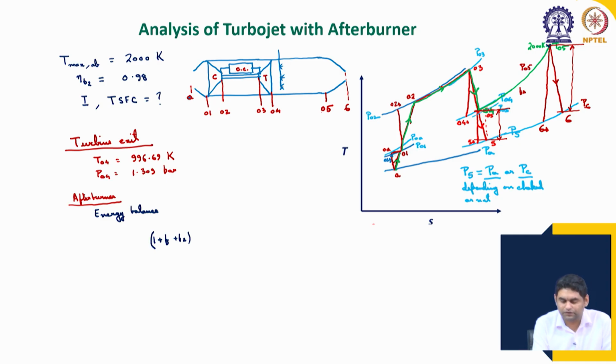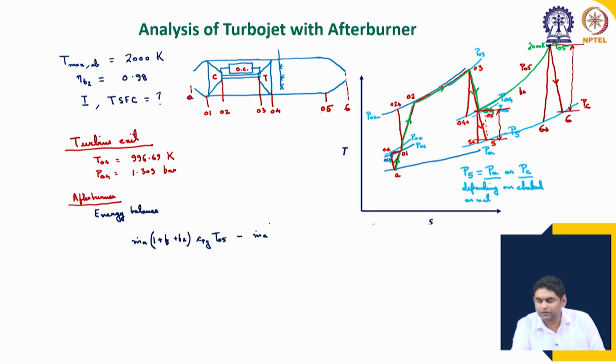So, 1 plus F2, CPG, T05 is the final energy of the combustion products, multiplied by m dot A, minus the energy at the inlet.